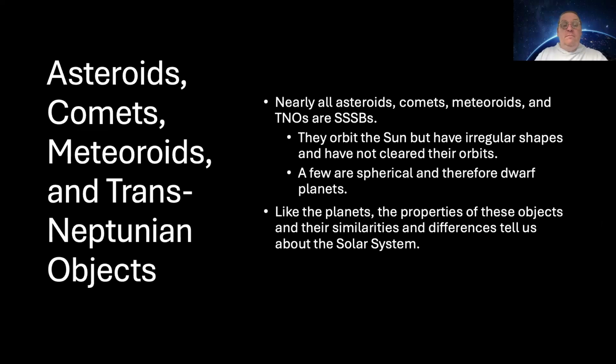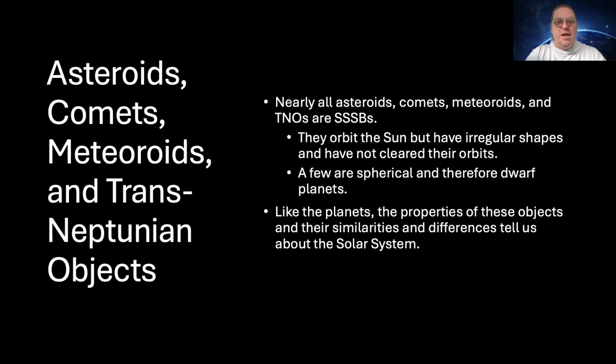Asteroids, comets, meteoroids, and trans-Neptunian objects. Oh my. These are somewhat dismissively referred to by most astronomers as solar system debris, which will be clearer when I talk about how we believe the solar system formed. These are again smaller bodies.